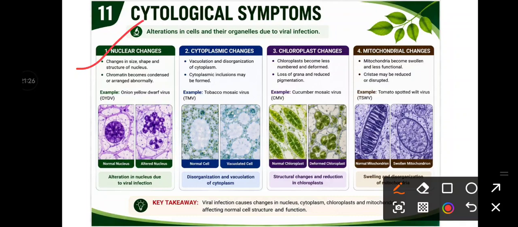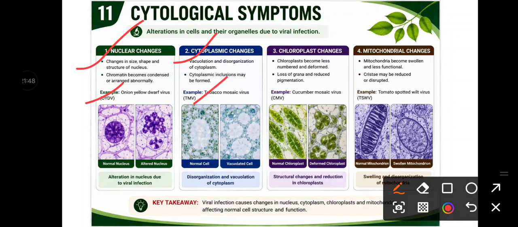There may be changes in the nuclear size, shape or structure of the nucleus. The example is onion yellow dwarf virus. Then cytoplasmic changes means vacuolation will be there, or disorganization of the cytoplasm, or inclusion bodies may be formed in the cytoplasm.